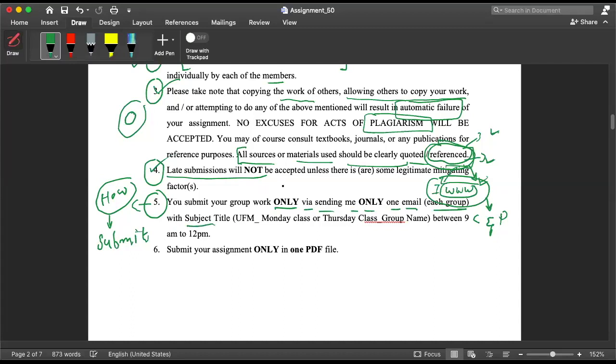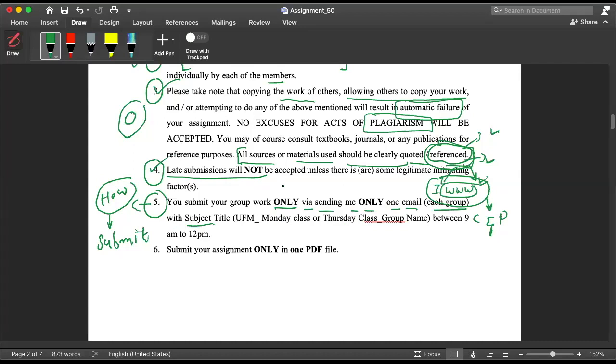Which means one group, only one email. If one group has 4 members, do not send me 4 emails. Anybody from these 4 members can send me the email. Do not send me 4 different emails from the same group.